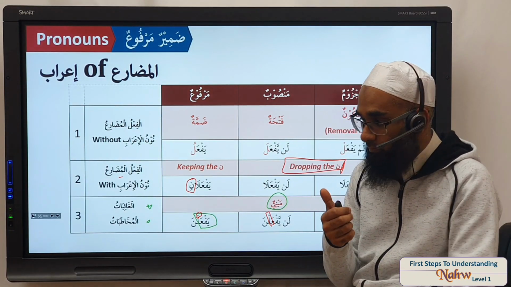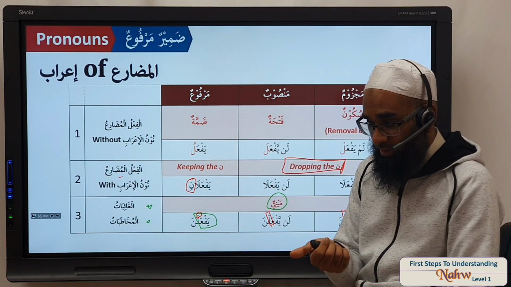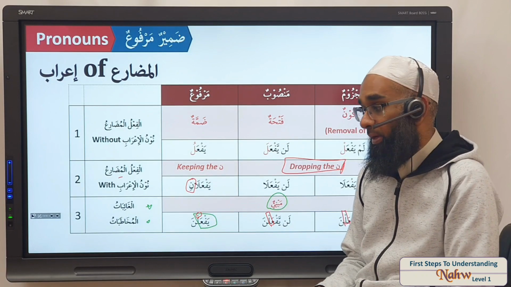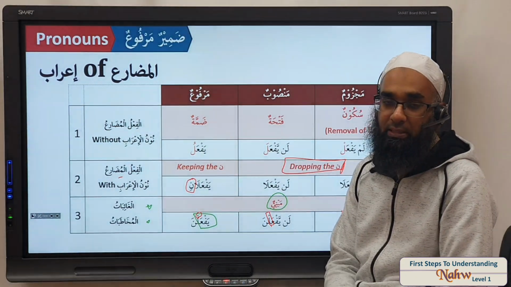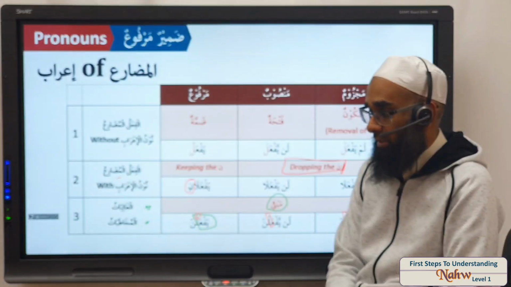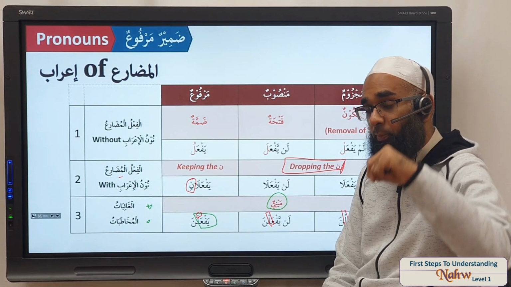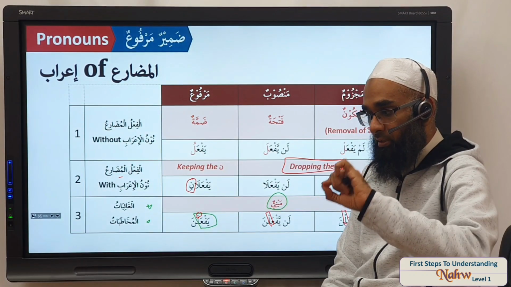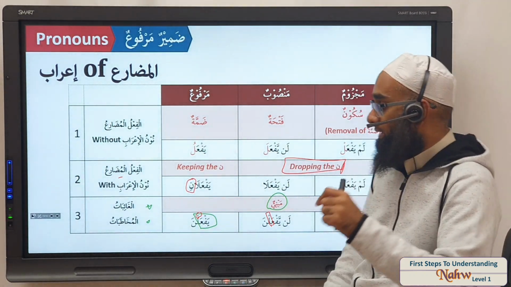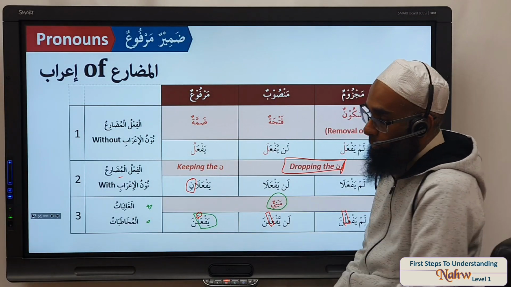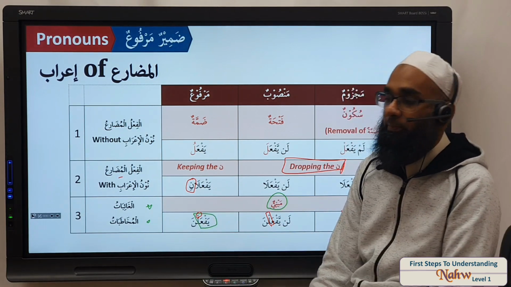The noon stays in place. When it's mansoob and majzoom, what happens? The noon drops. And the last one is those that have a noon, but a noonun niswa. The noon is actually the pronoun that comes at the end of the ghaibat and the mukhatabat sigha. These words are always mabni, has a sukoon always before the noonun niswa. Understood?